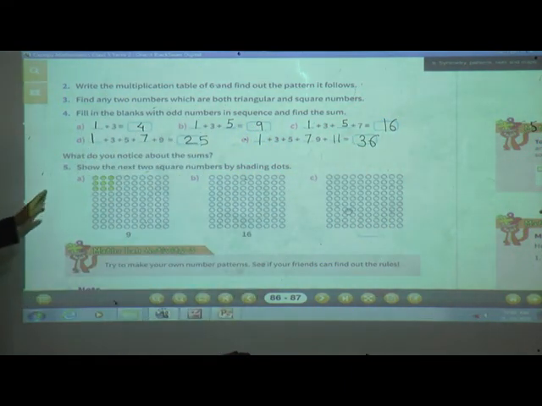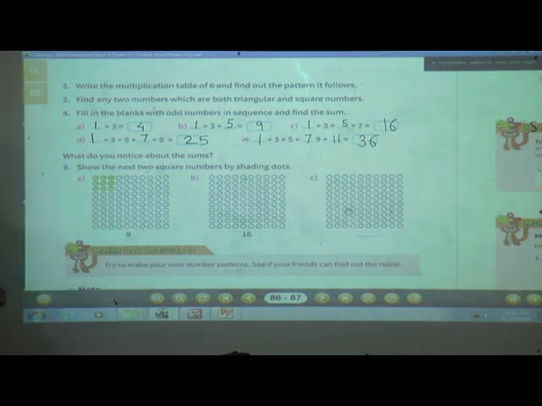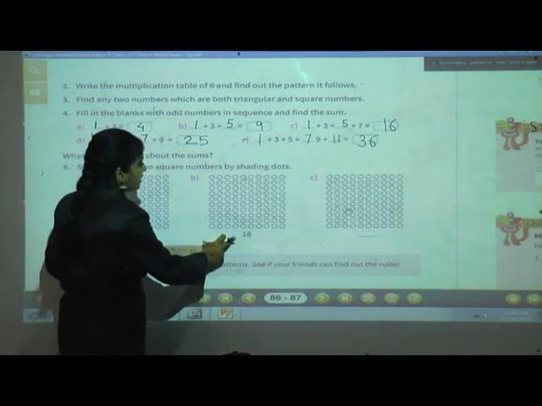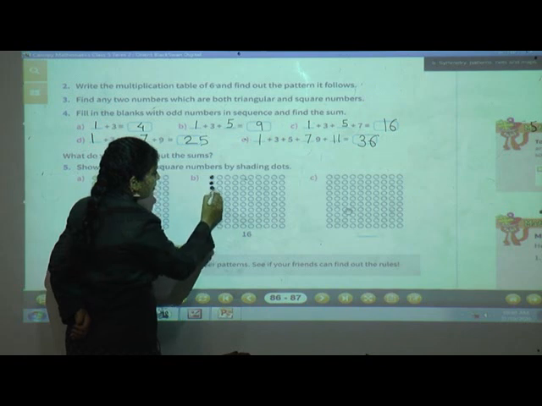Okay, now the last one, here show the next two square numbers by shading dots. Here see, here they have solved one example, so we can show 16. How? So 4 columns and 4 rows we can shade, we can color.